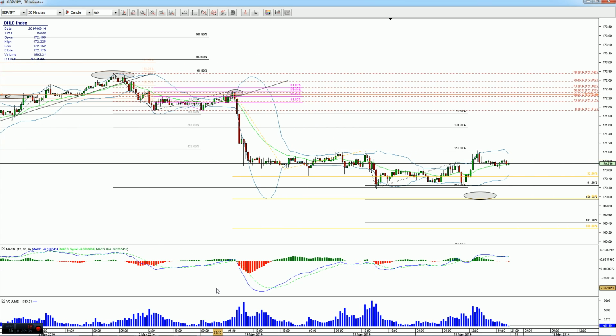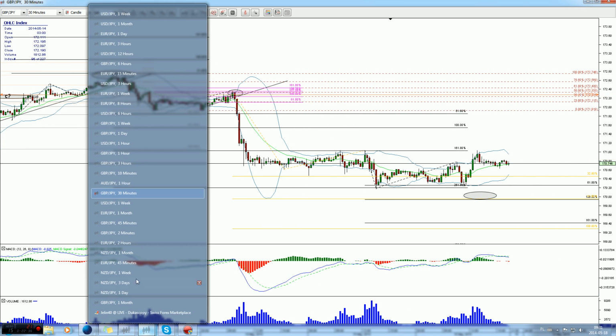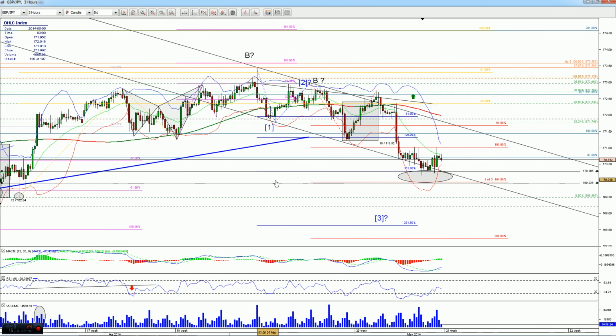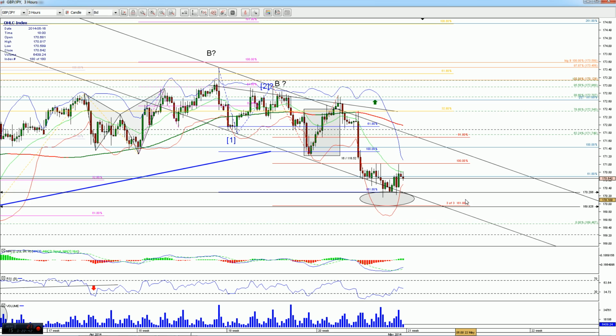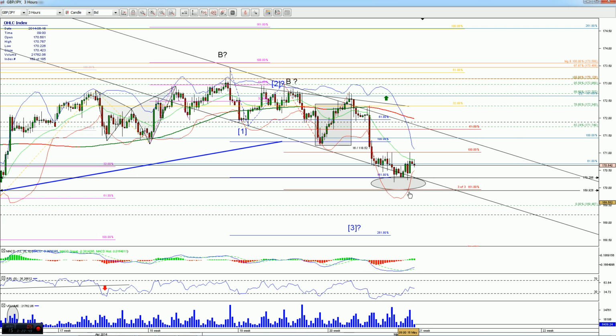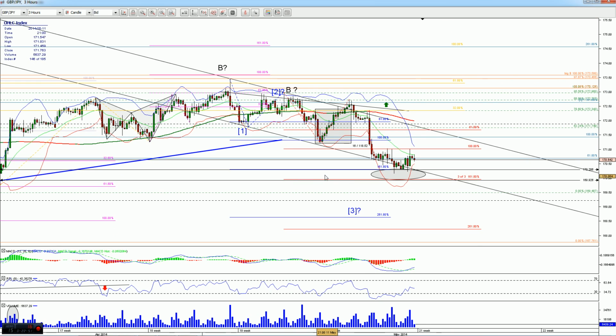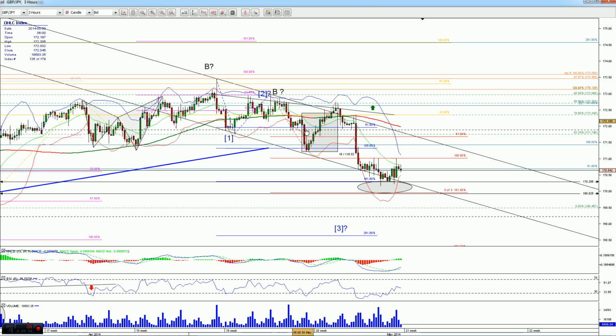Most probably, it looks like it has reached those counts here, this FIBO 161.80, 1, 2, and most probably a third wave. I think we have 1, 2, internal third completed in this area, or will complete around here.